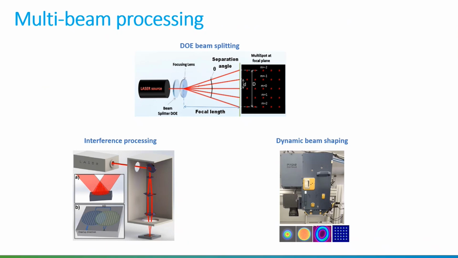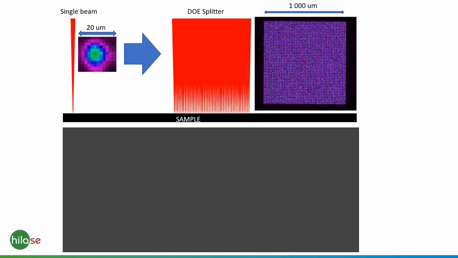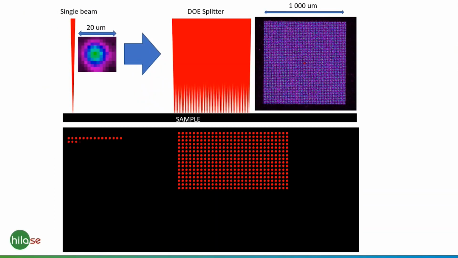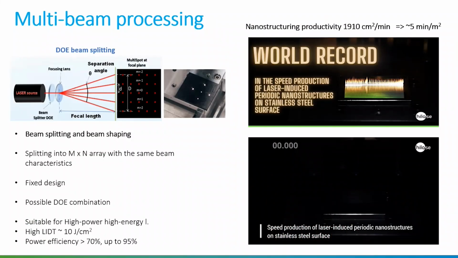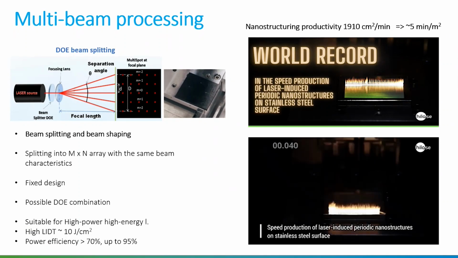With a special diffractive grating, we can, for example, divide the beam into a matrix of beams. So basically, we can stamp the whole matrix of beams next to each other, so we can be much faster, even 1,000 times faster. This technology has some advantages.